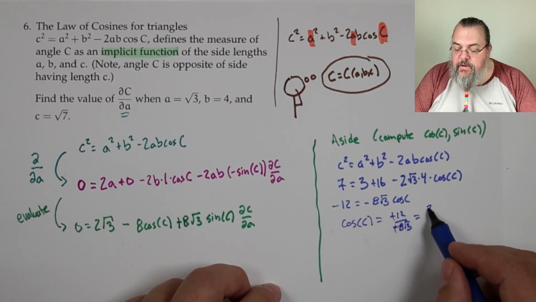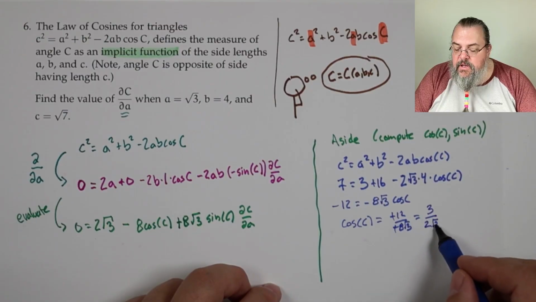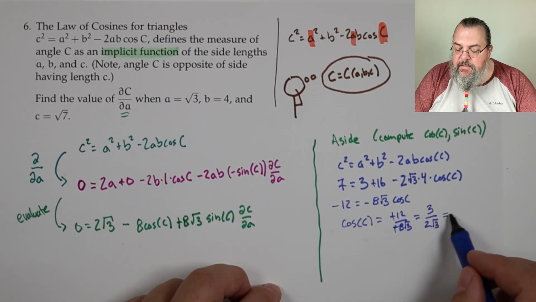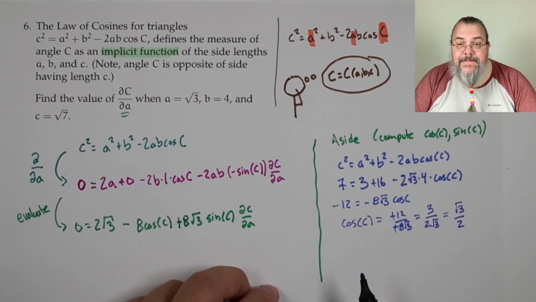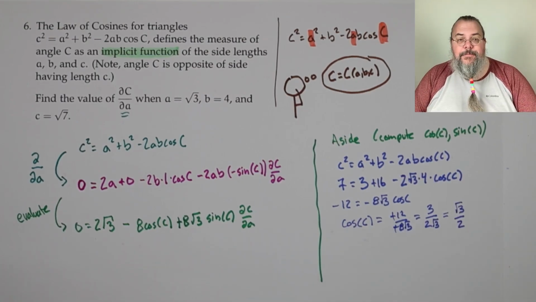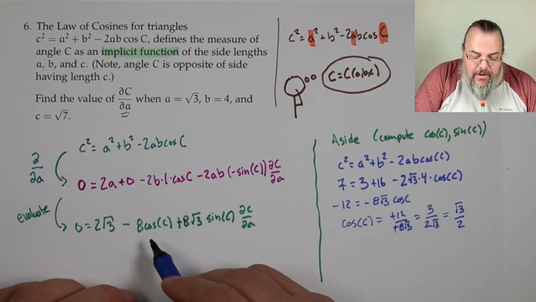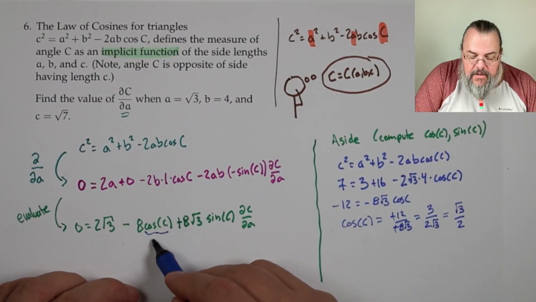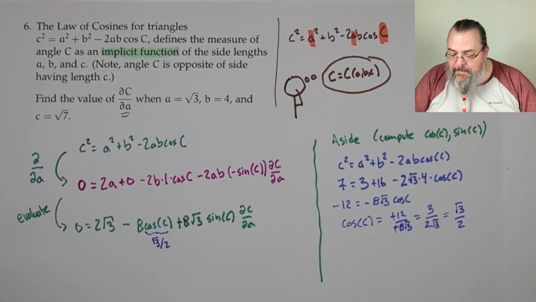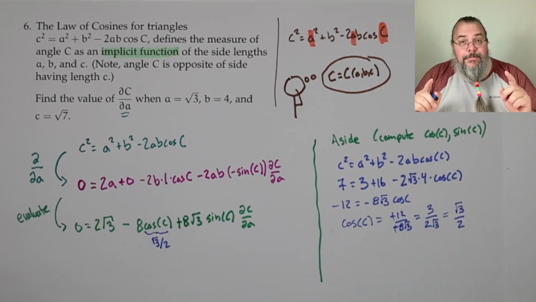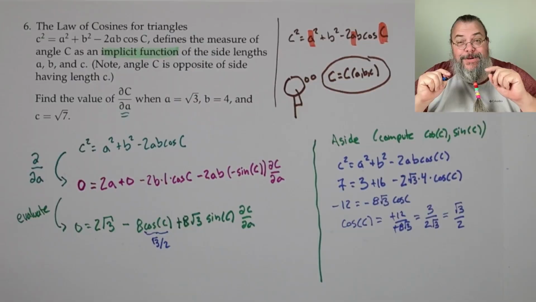So that's a 3 over 2 root 3. And, oh, well, hey, 3 over root 3, that becomes the square root of 3 over 2. Oh, well, that was really quite pleasant. So, update, this is square root of 3 over 2. That will probably be helpful.